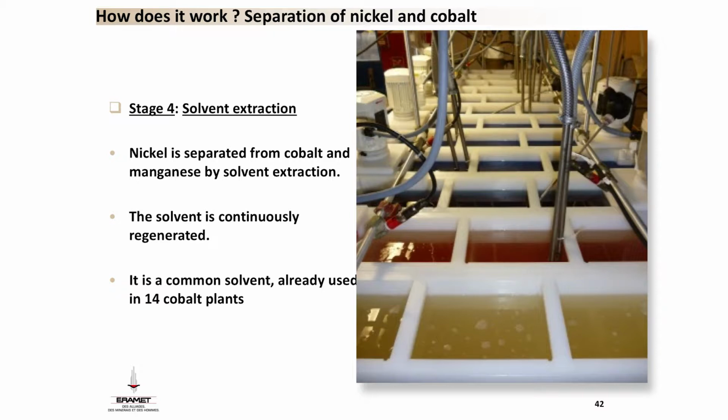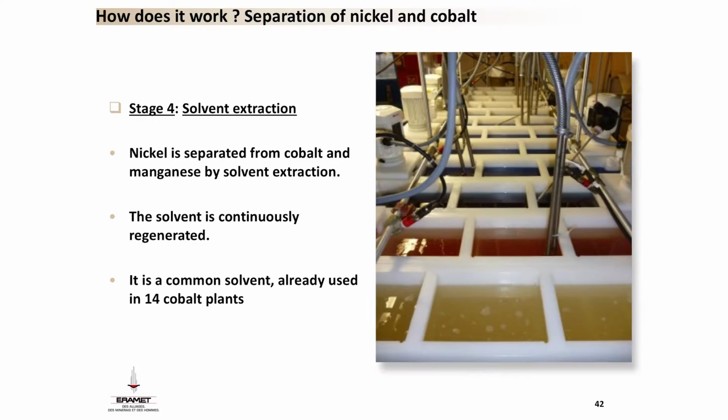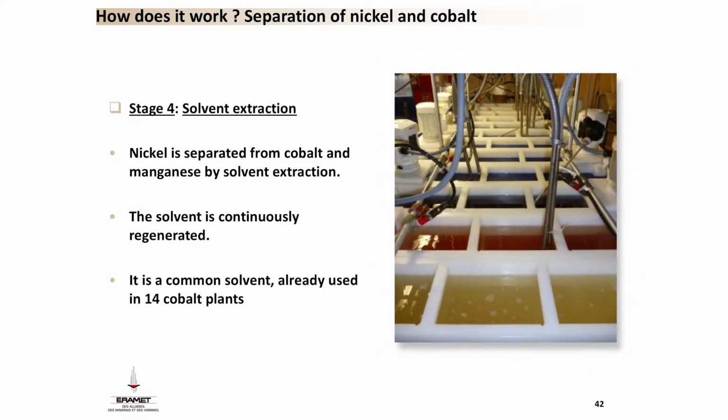Here you have the mixing part with a turbine that mixes the aqueous and the organic phase, and then the decantation part to separate the two phases. You do that in a series of mixer settlers with extraction here and elution, recovery of cobalt here. After that, a regeneration of the solvent and reuse of the solvent at the beginning of the mixer settler.